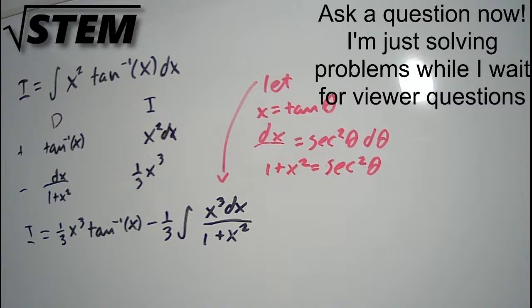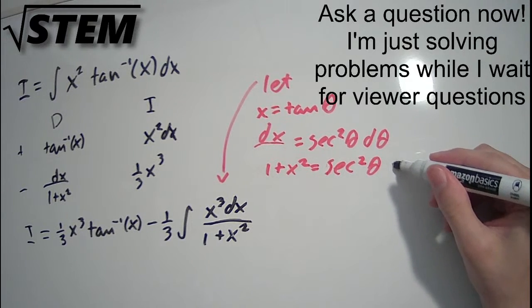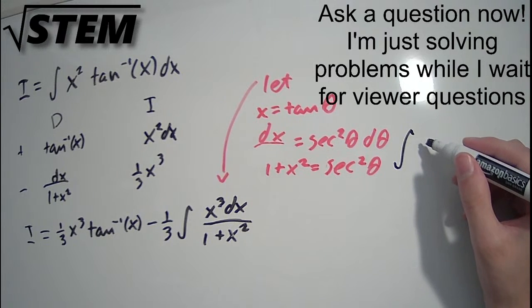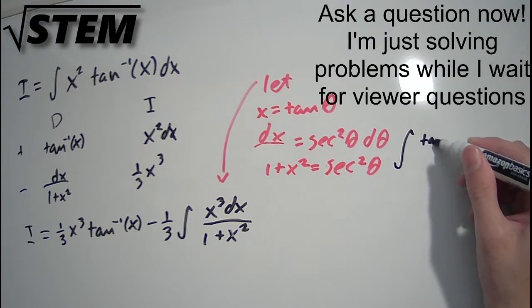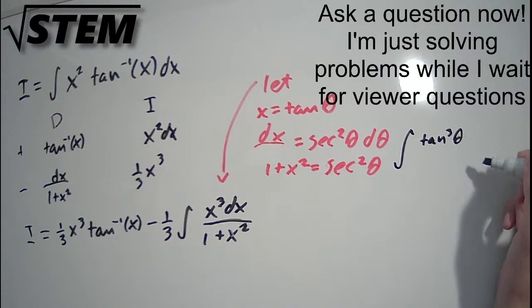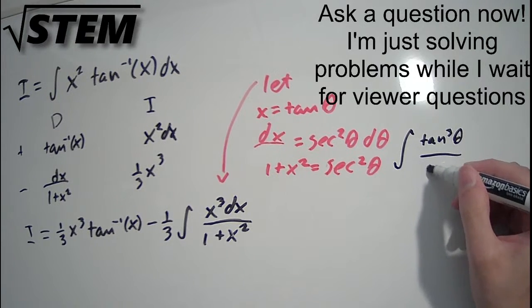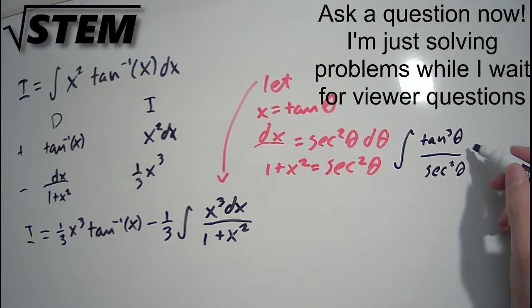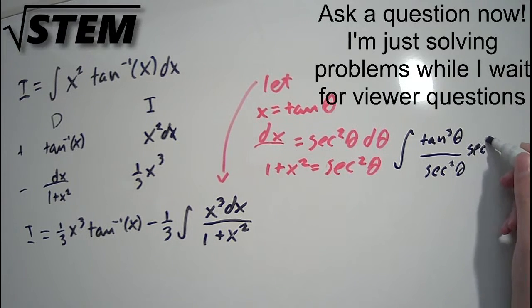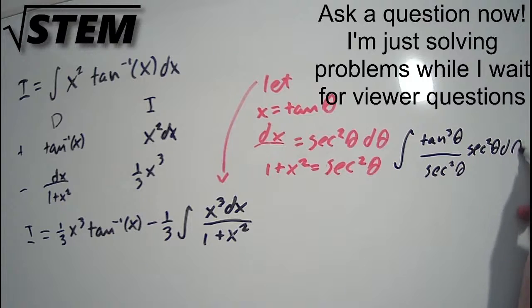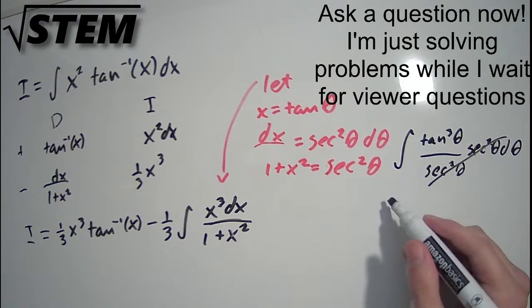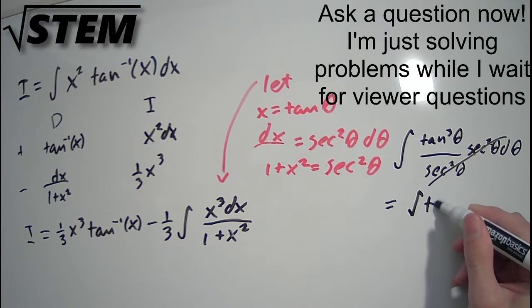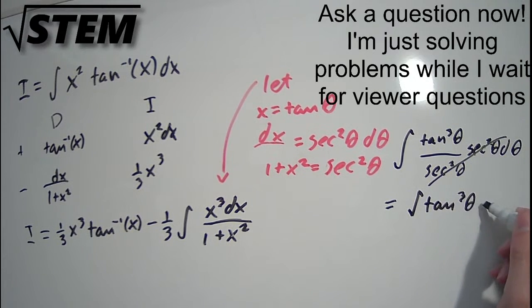So then we would get the integral of x cubed, which would be tangent cubed over secant squared times secant squared d theta. The secant squareds would cancel out, and we would have the integral of tangent cubed.